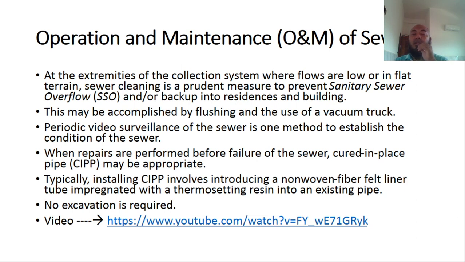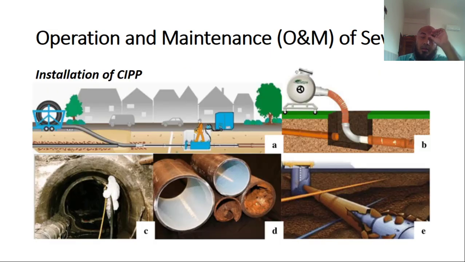If you want to have a further understanding of CIPP, please visit this YouTube video. This company will explain how CIPP works. Okay, so this is a picture of CIPP.